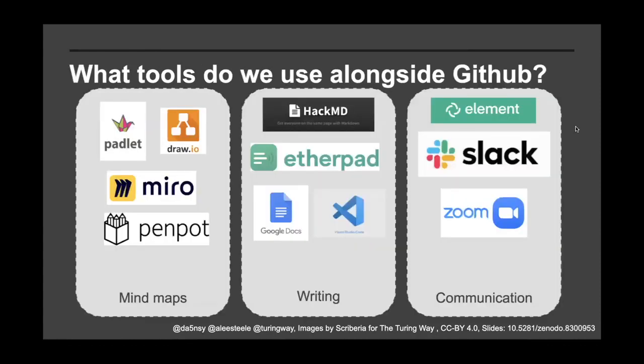Okay, so these are some of the other tools that we use alongside GitHub for prototyping and bringing together different ideas. We use different mind map tools. For collaborative writing, and even just writing in general, rather than producing the content on GitHub itself, people quite often choose to do that locally through things like VS Code or any other text editors.